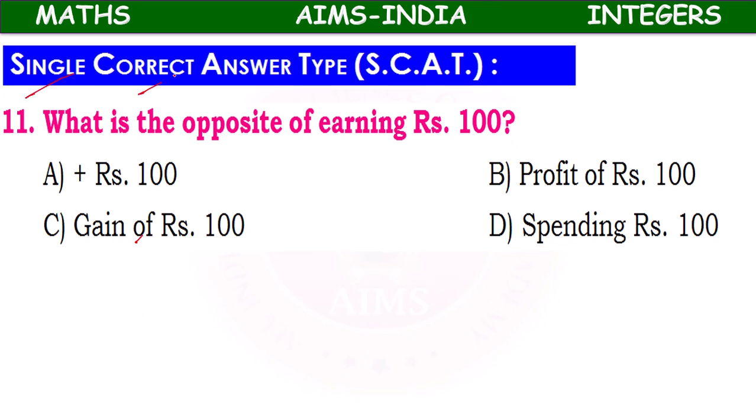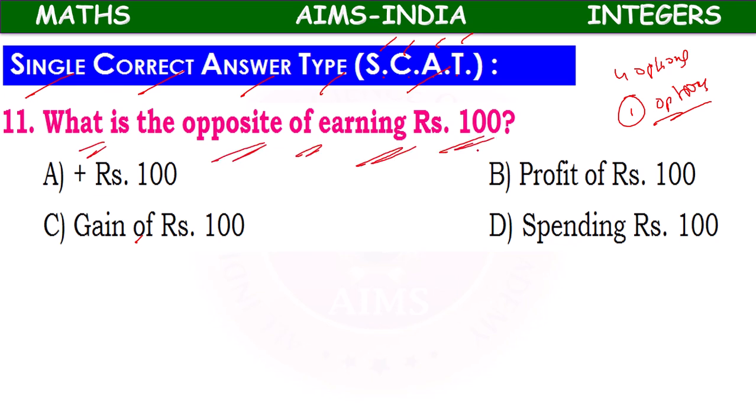Next one. Here the question type is single correct answer type questions, SCAT. Here also you will have one question and 4 options. Any one option will be the correct answer. The question: what is the opposite of earning rupees 100? Earning means doing some work and getting some amount as compensation for our work.